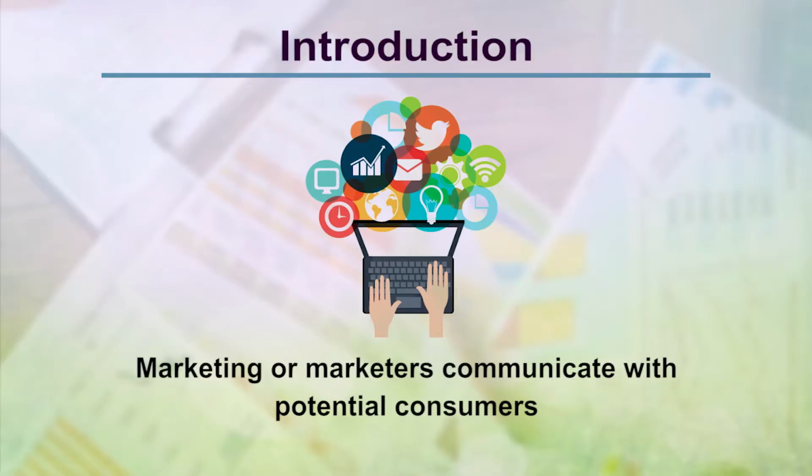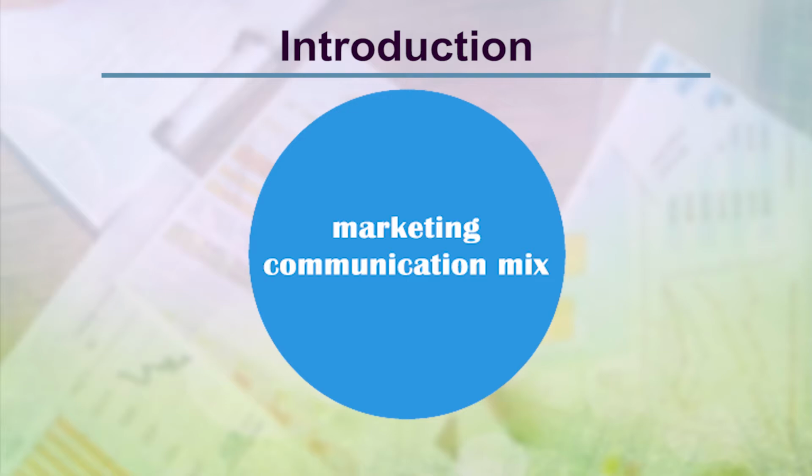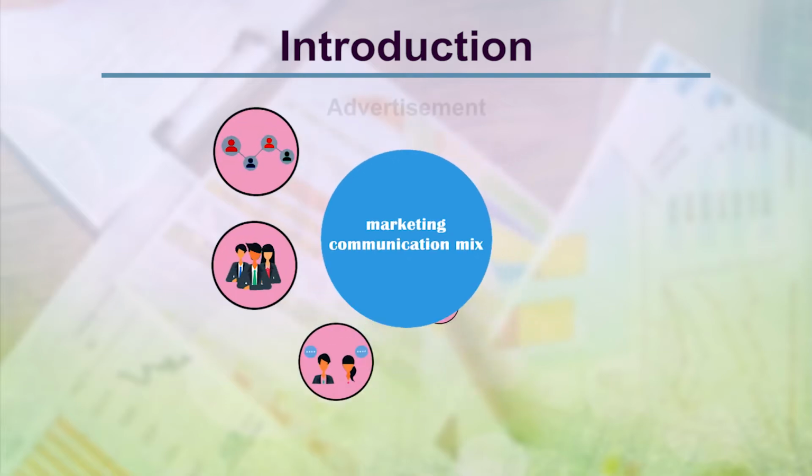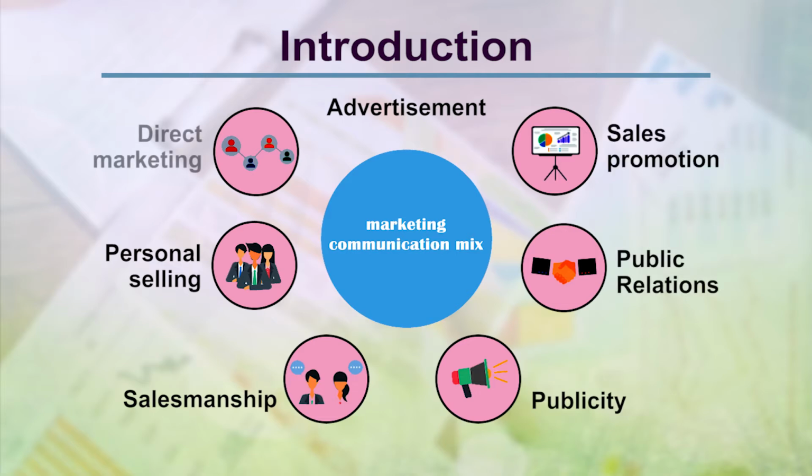Marketers communicate with potential consumers through different elements of the communication mix, or as we commonly know, the marketing communication mix, such as advertisement, personal selling, salesmanship, publicity, public relations, sales promotion, direct marketing, all of this.